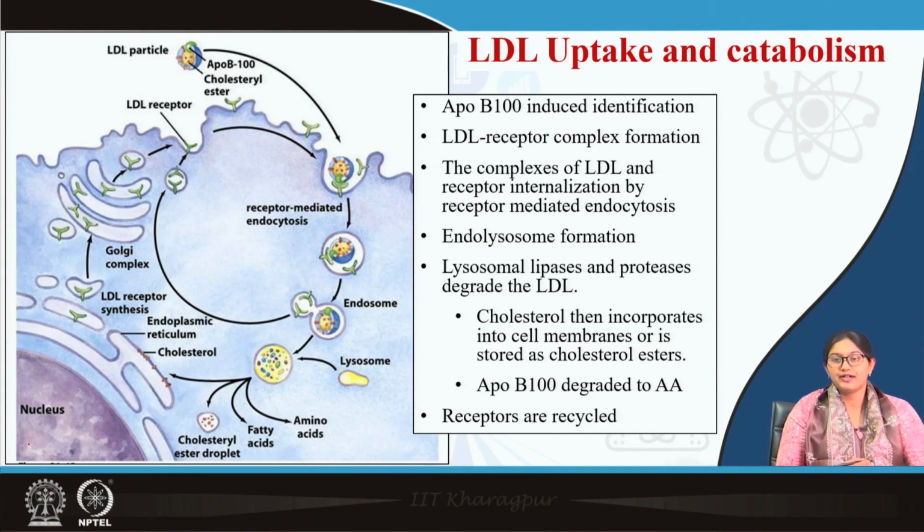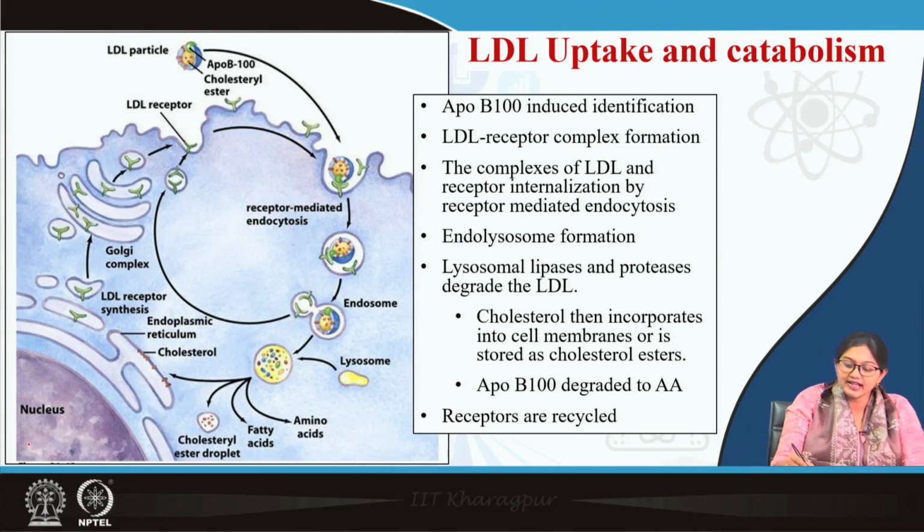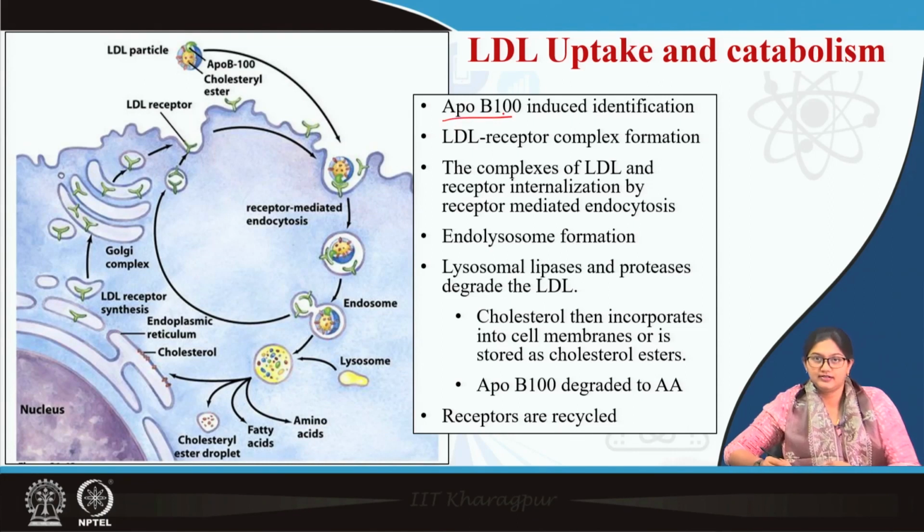Now, how is this uptake occurring inside the cell? Remember, in low density lipoprotein, ApoB100 is the signaling protein which is sensed by the LDL receptor. So, whenever the circulating lipoprotein LDL comes in contact with the LDL receptor, it identifies ApoB100.